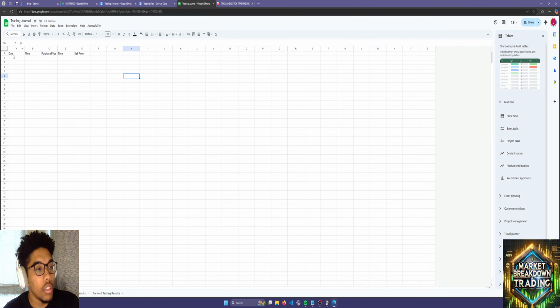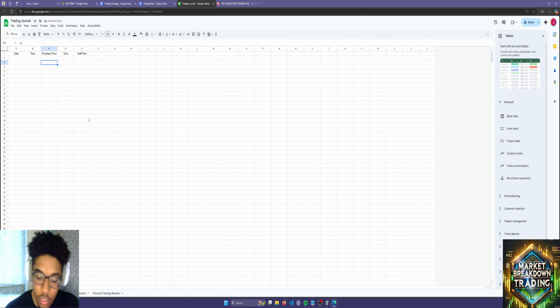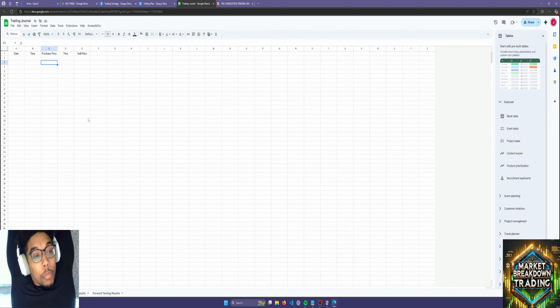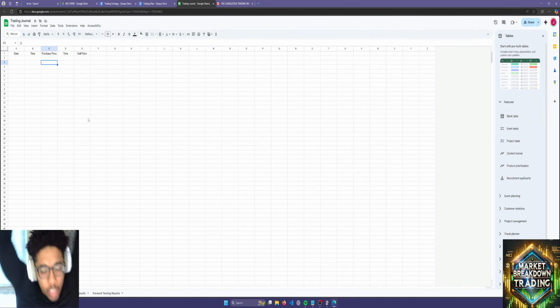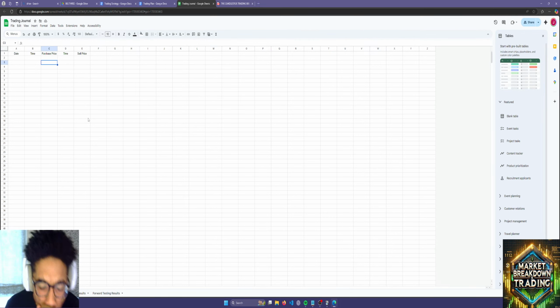I guess the only wrinkle here is that if we're short selling, I would have to log things in reverse because basically when you short sell something, you're banking on the price falling.